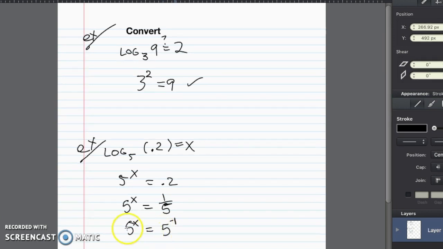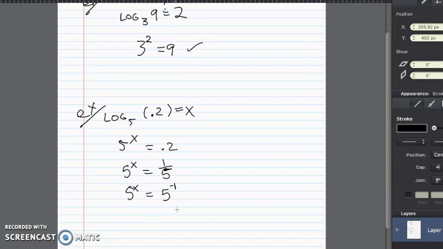So I'm going to say 5 to the negative 1 power. Well, now look at what we have. I have a base of 5 here and a base of 5 here, and I have an x here and negative 1 here. So we should conclude that x is equal to negative 1. And if you test it out, it should be true.